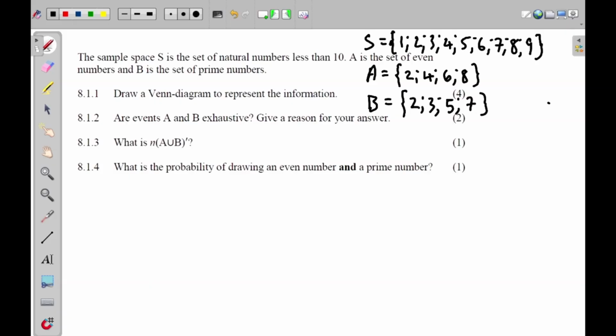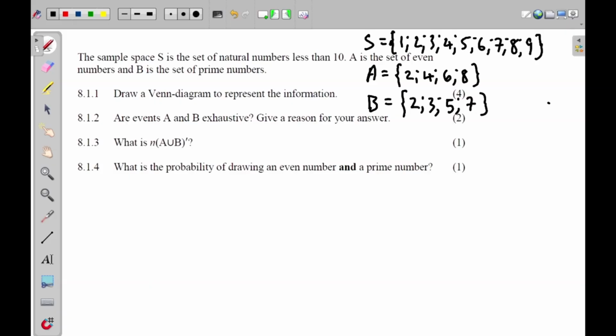Okay, very, very important. So 2, 3, 5, 7 are the prime numbers here. Remember, a prime number is a number that has only 2 distinct factors, namely the number 1 and the number itself. So if you look at 2, 3, 5, 7, you will find that, okay?